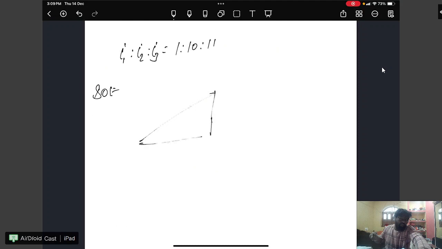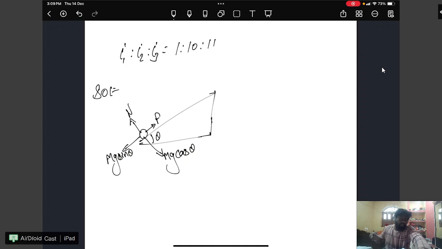If the angle theta is there, force required to just move the body up the inclined plane. So upward we have normal here, mg cos theta here, and mg sin theta here.